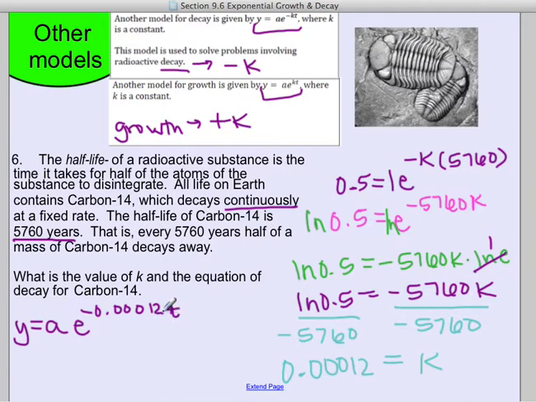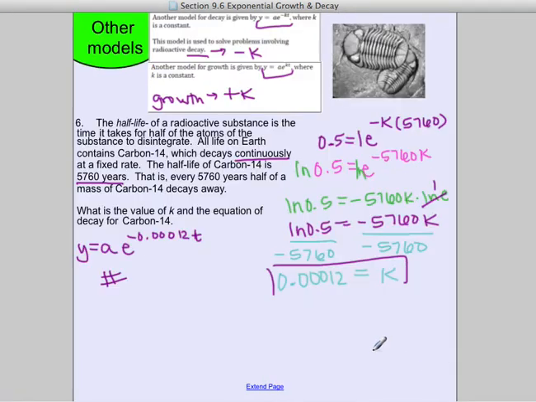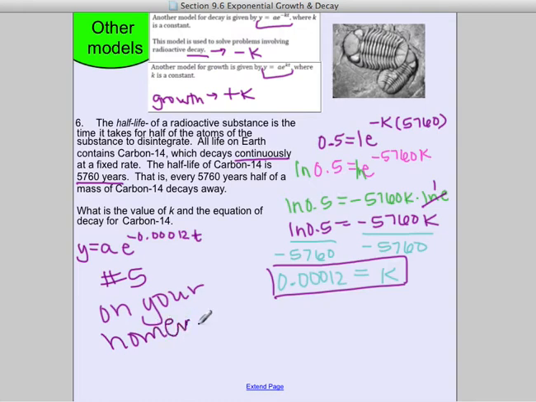So you need to fill in your amount and everything that you have there, but that would be my equation. You are going to need this k value and this equation for your homework. This is for number 5 on your homework. It's not listed there, so make sure you remember that this is here for number 5. Highlight it, do something special. So you're going to need that for number 5 on your homework.